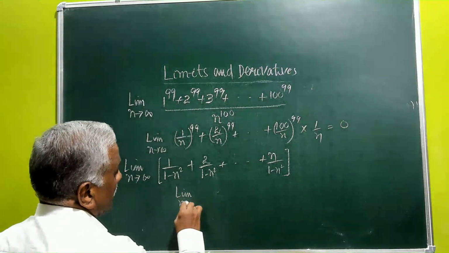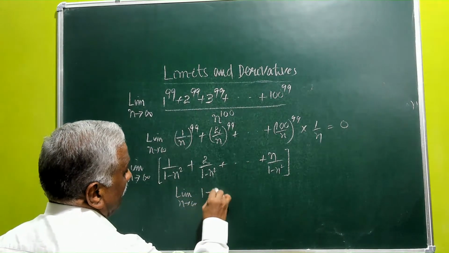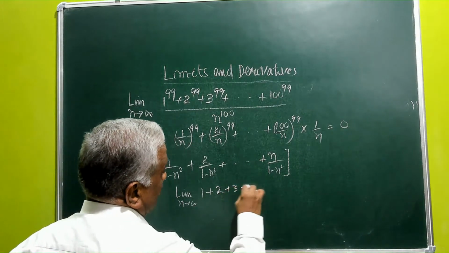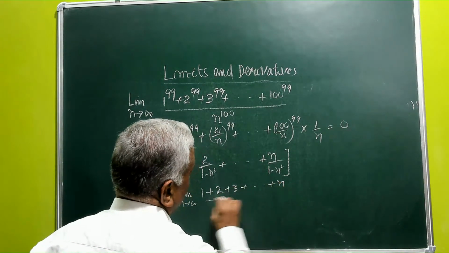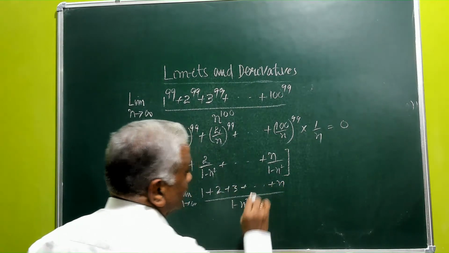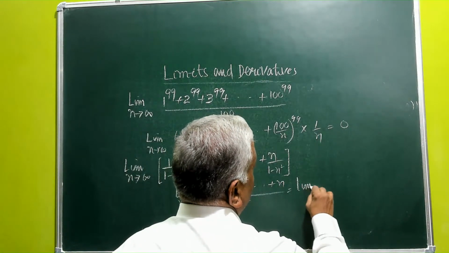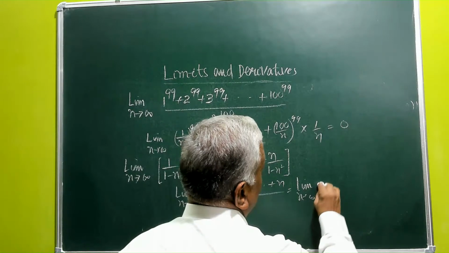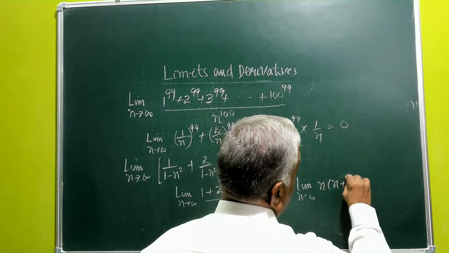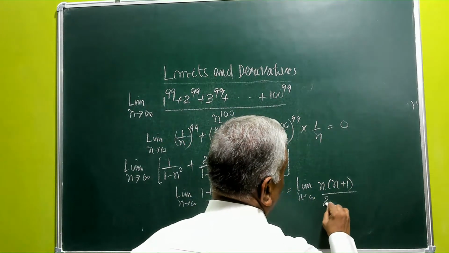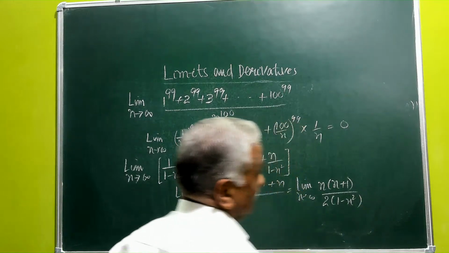This is nothing but 1 plus 2 plus 3 plus etc. plus n over 1 minus n square. That is nothing but limit n tends to infinity of n into n plus 1 by 2 into 1 minus n square.